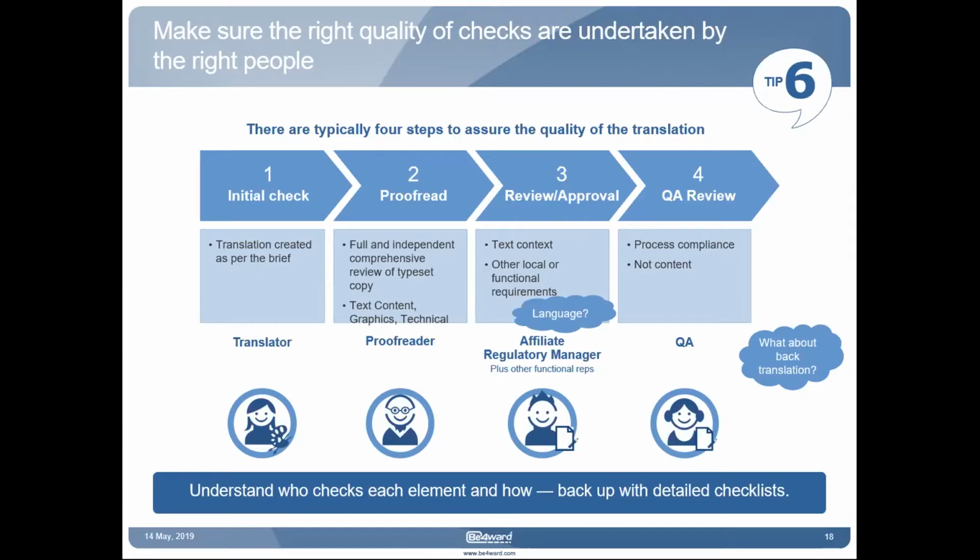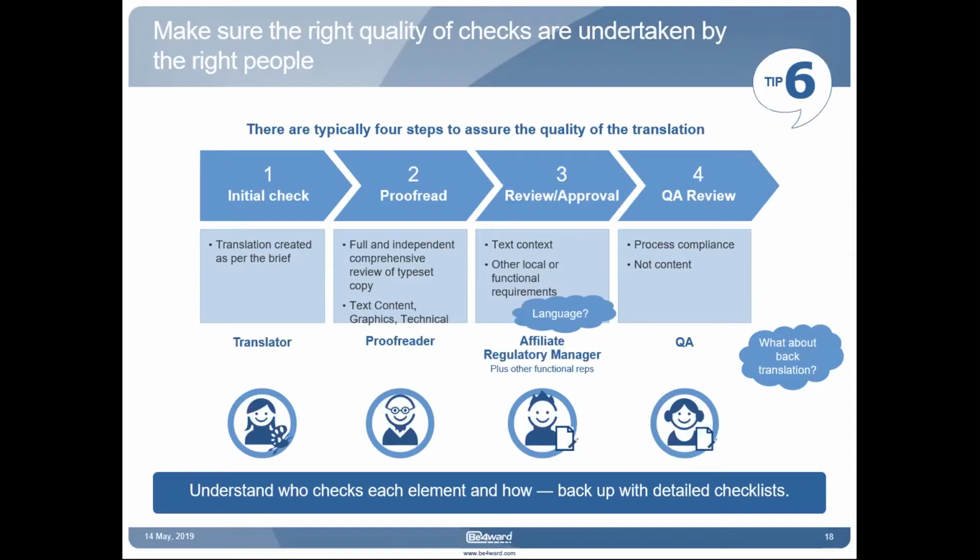So make sure that whoever's doing the translation is doing a quality check of their own work. Your translation provider will probably also do some further QA checks. Understand what they are and also understand what they're not, because what you want to make sure is everything's being checked. Don't assume anything here.